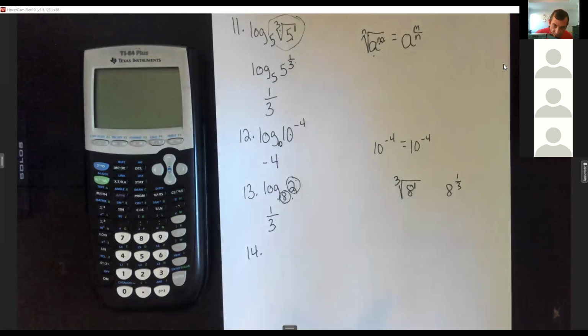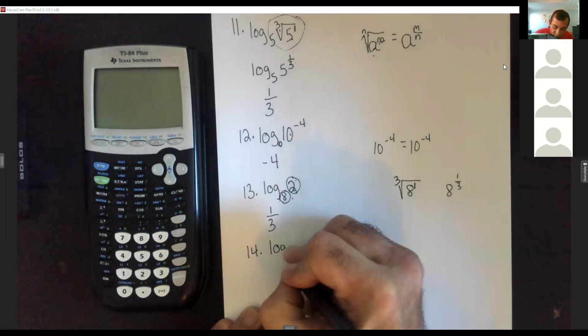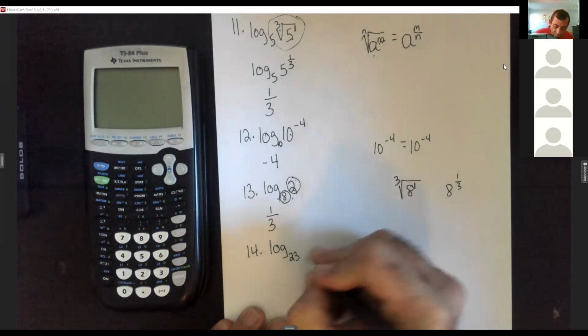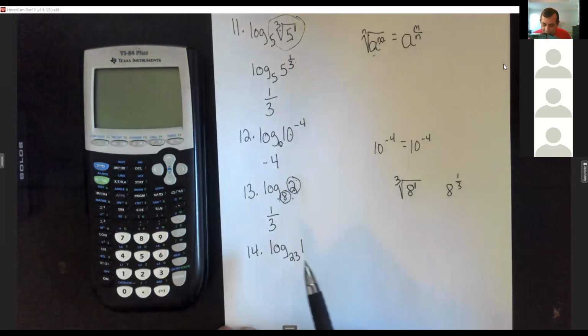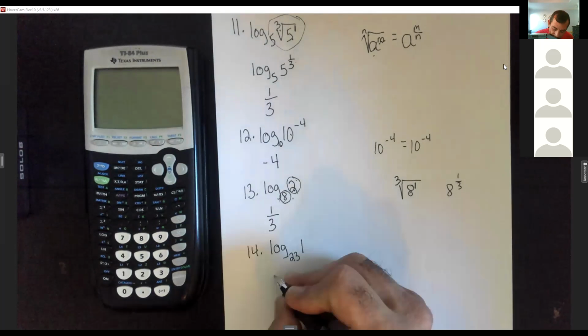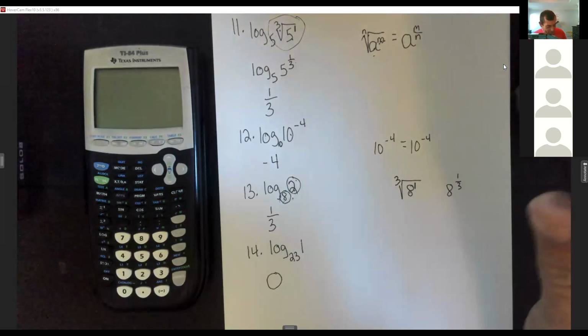All right, I'm going to get a tough one here. Log base 23 of 1. So what exponent did y'all say I would raise 23 to turn it into a 1? That's always going to be 0.